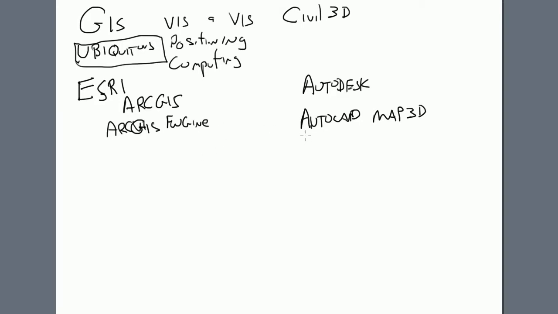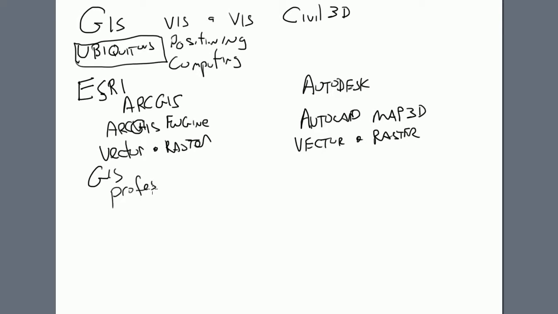AutoCAD traditionally has been a vector, but now it is both vector and raster, and this as well as both vector and raster. All right. This is what GIS professionals tend to use. And over here, AutoCAD and its products are kind of the engineering professionals.